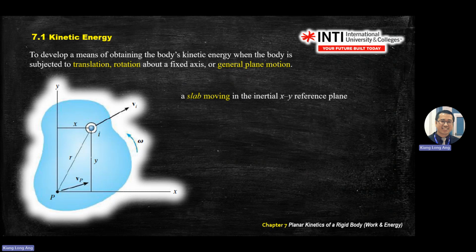And this is the interest point I. So you have your VI vector. What is the same between point P and point I is the omega, or alpha.